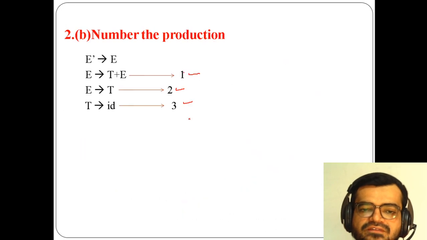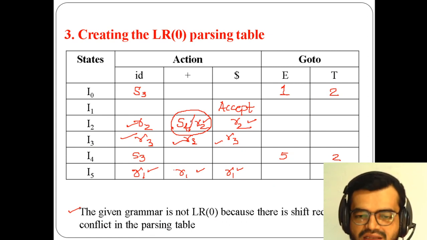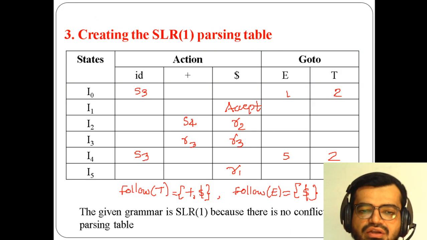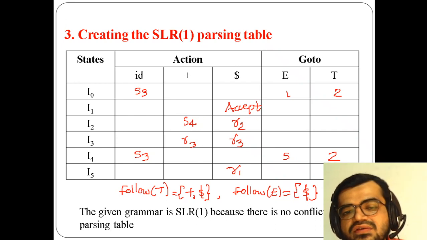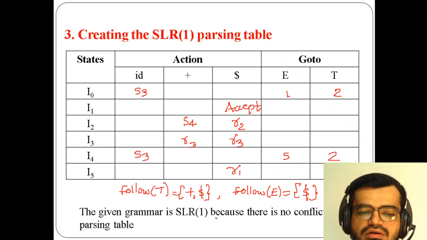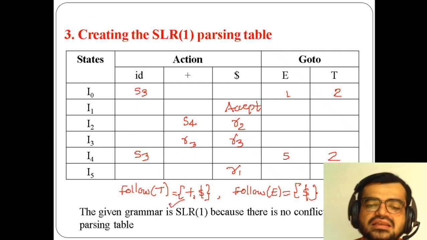Previously there was a conflict in this one, a shift-reduce conflict, but in SLR(1) parsing there is no shift-reduce conflict. Only shift is there and reduce is there. So you have decreased the number of reduce actions, and because of that there is no conflict, and by that way you can say that the given grammar is SLR(1).